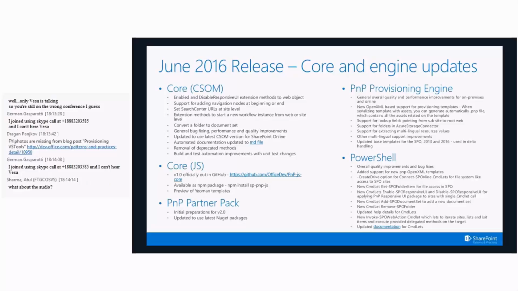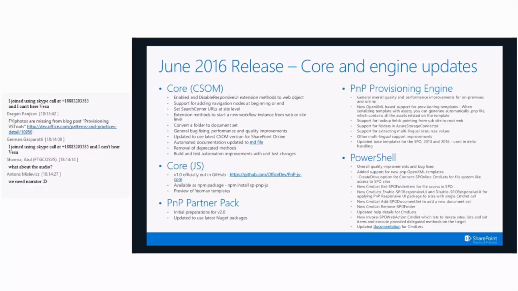And there's other stuff there as well, so converting a folder to document sets, search center URLs, and so on. The core.js version 1.0 is officially out in GitHub, so that has been released as an npm package, and Patrick is going to show that one in practice during the demo in this call.